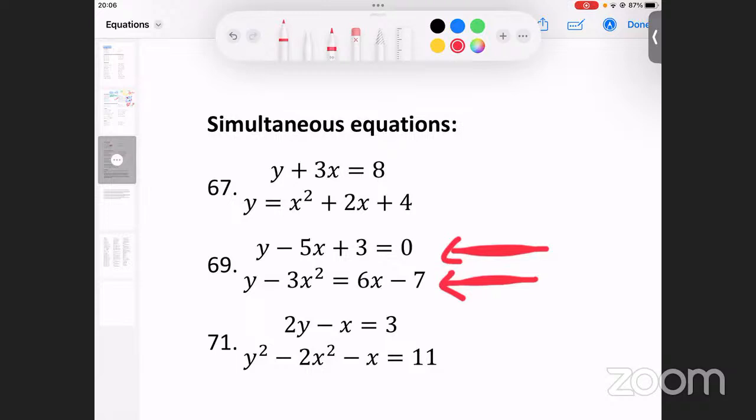Between that first equation and the second one, which one looks more complicated? The second one looks a bit more complicated. Why? Because of having those x squared. Rather, don't go for that one and maybe consider going for this one.